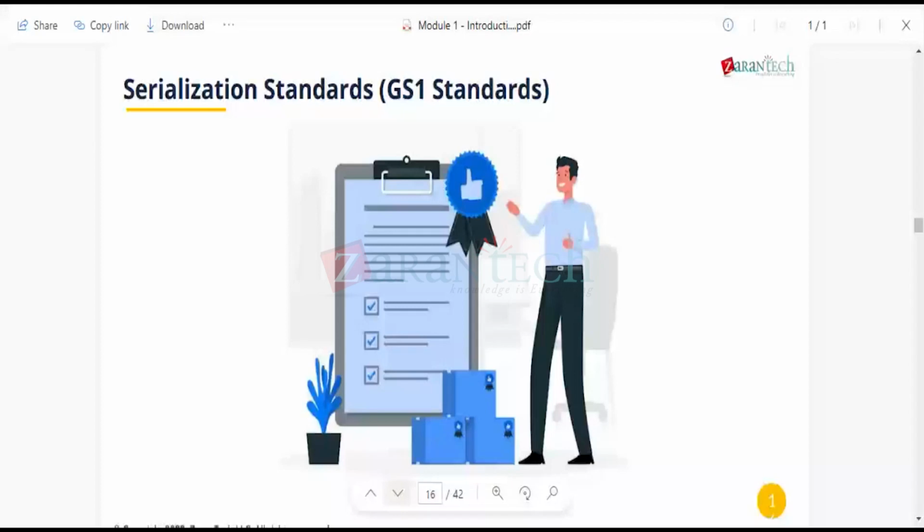That is all my topic for this slide. Sure. Here I have mentioned the GS1 standard. GS1 is a non-profit organization, and GS1 is involved in preparing serialization standards.